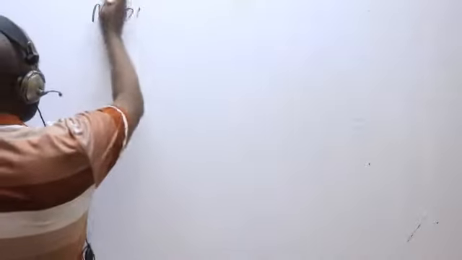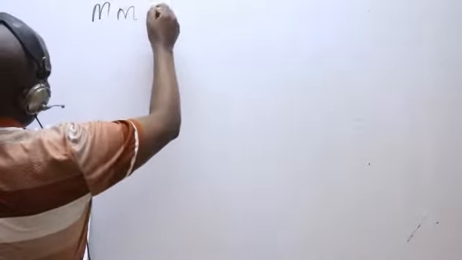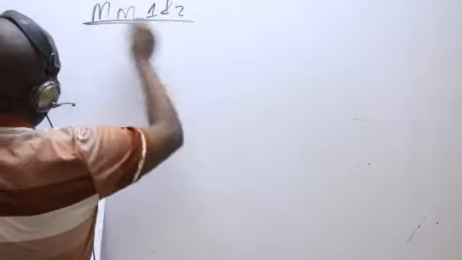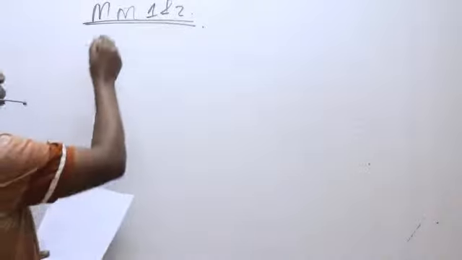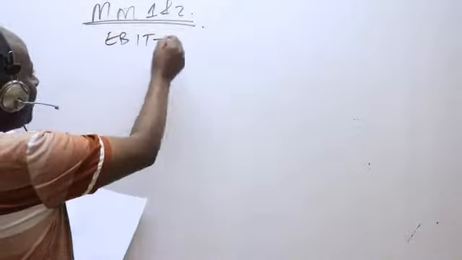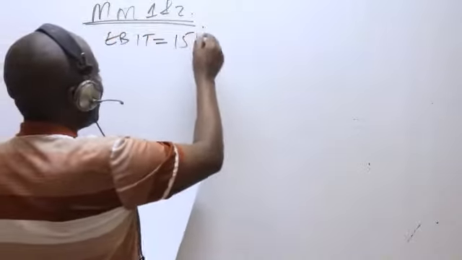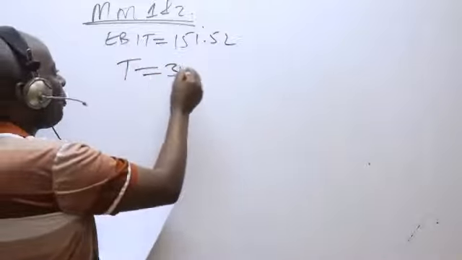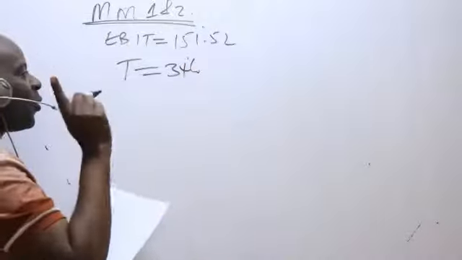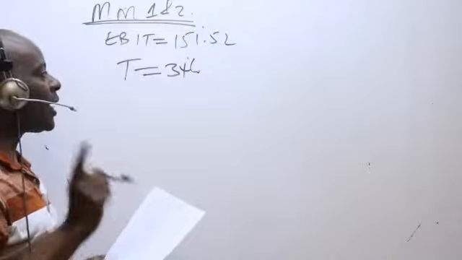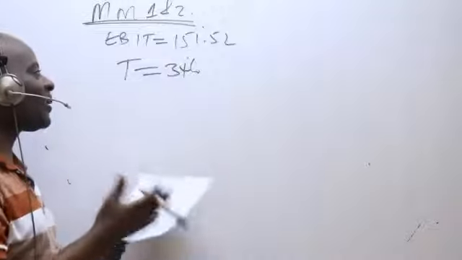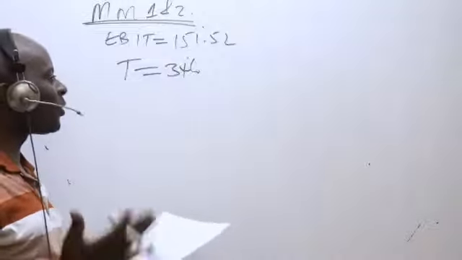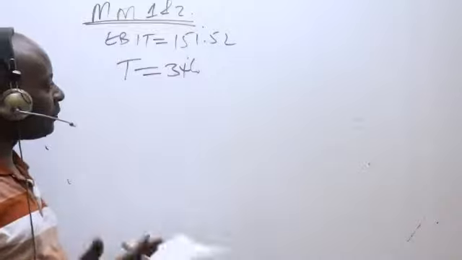So then we have here MM 1 and 2. I would want to give you an example directly where we have been given EBIT of 151.52. They have given us tax of 34% to confuse, because they know students, whenever they are given a tax figure other than 30%, will throw most of the students under the bus.